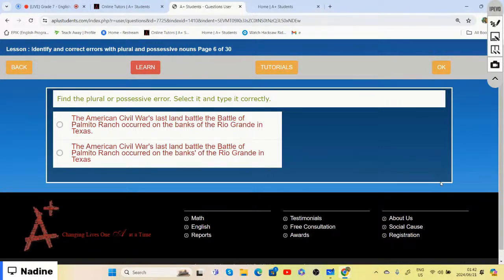The word banks, if we look at the word banks, right, so not war's, we're looking at the word banks. So do we say it occurred on the banks of the Rio Grande or the bank's of the Rio Grande? Option one without the apostrophe, which is just the plural, or option two with an apostrophe.